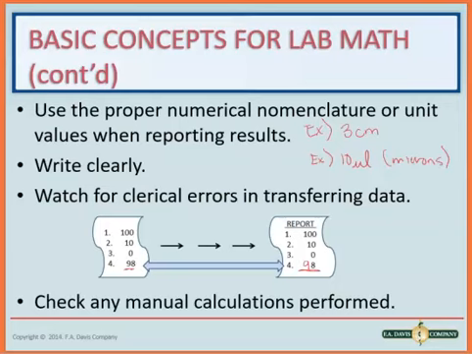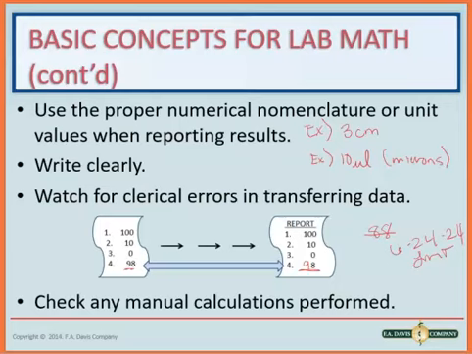But let's say that you just wrote something completely wrong and you need to mark it out and rewrite it. The correct way would be, let's say you wrote 88 instead of 98. The correct way to make a correction is one single line, and then you're going to date it, and then you're going to initial it.